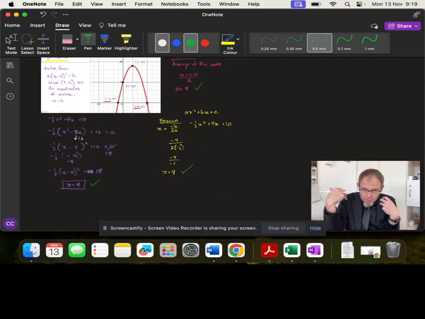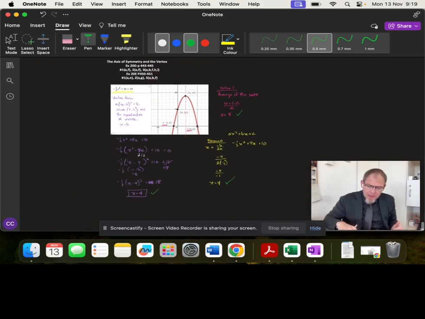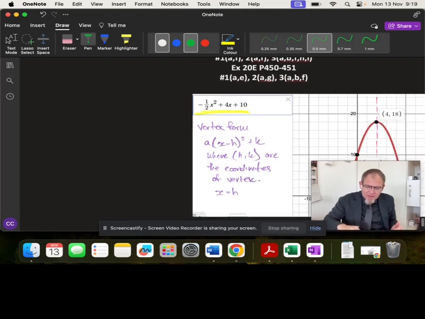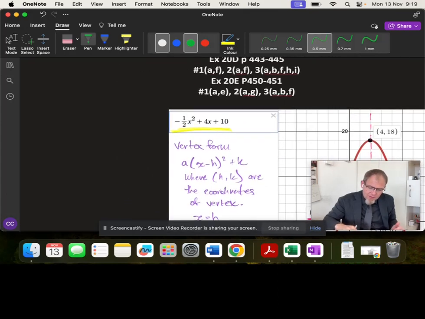Now, the only other bit that we need to talk about here is this idea of the vertex itself and how we can find the vertex. Well, I think you probably have a pretty good idea of how we can find the vertex from this little example here, right?